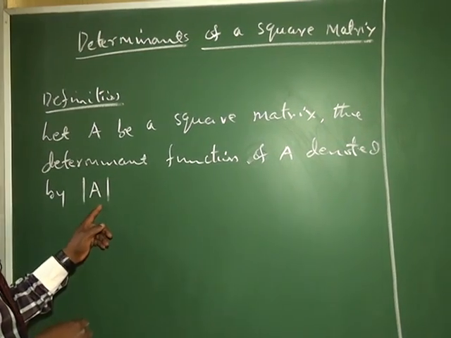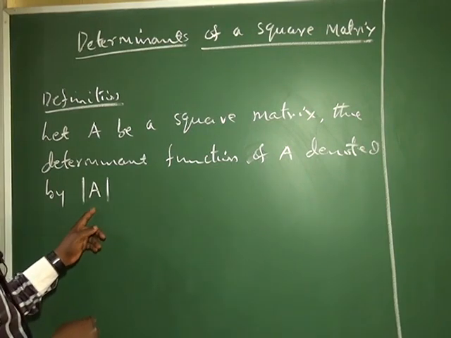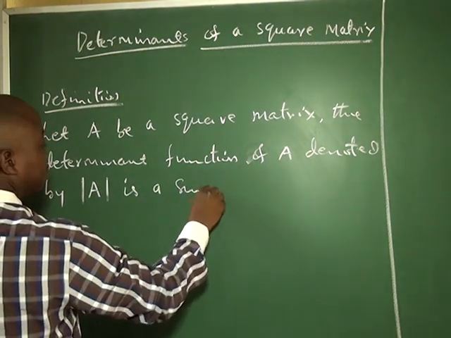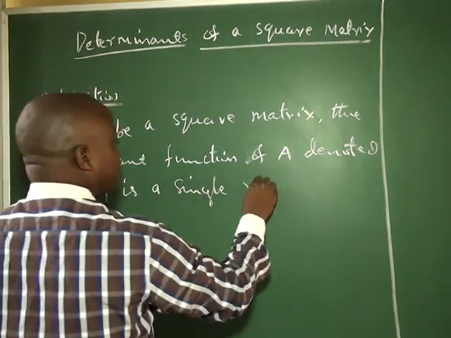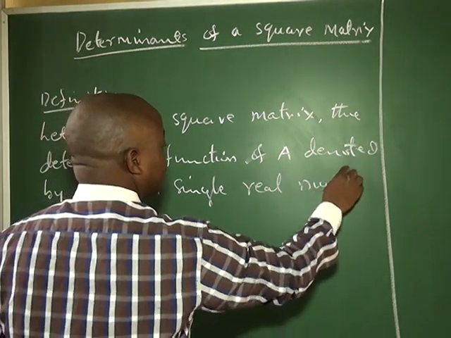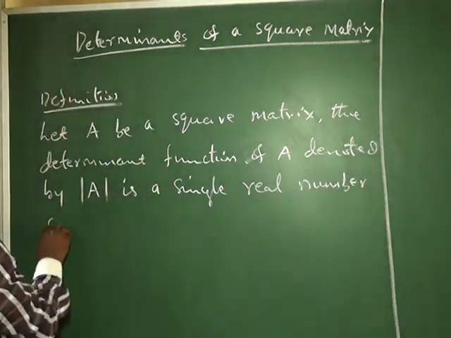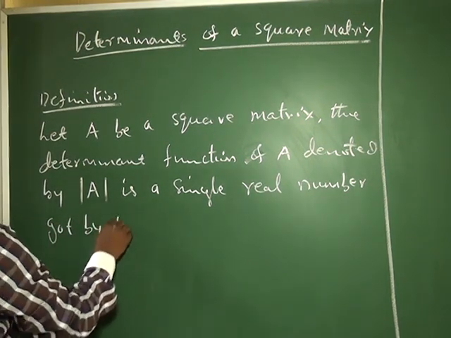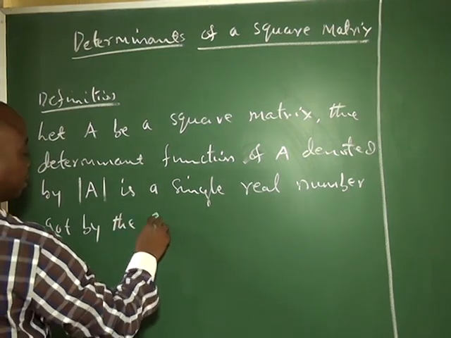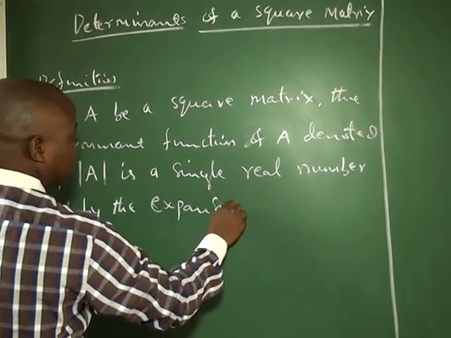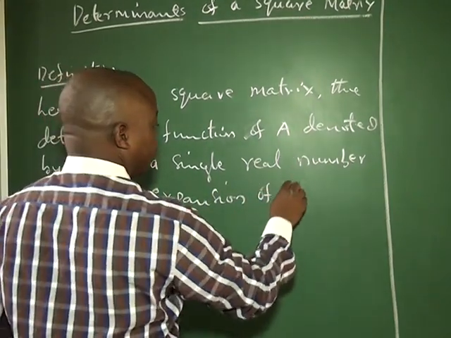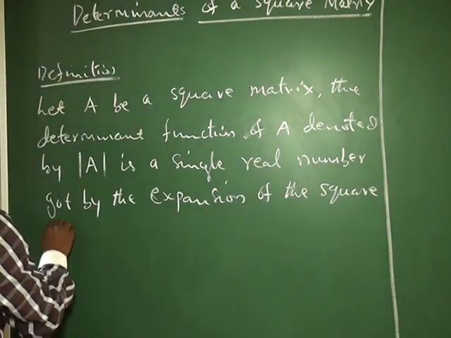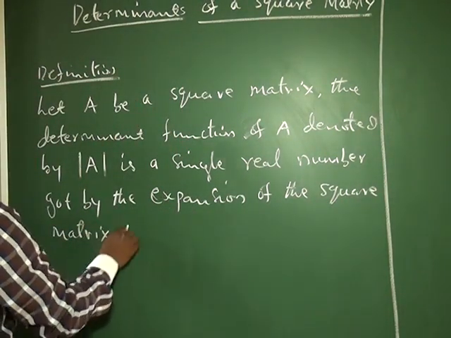This symbol denotes the determinant of A, which is a single real number got by the expansion of the square matrix A.